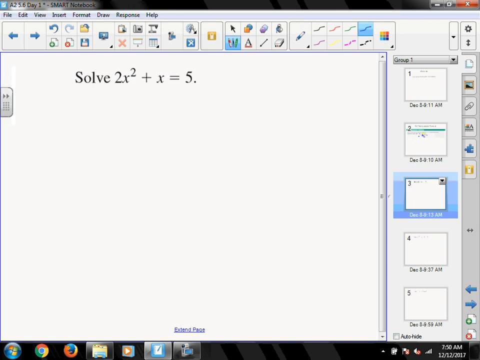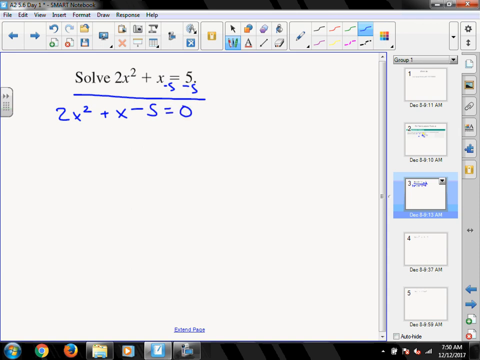We have 2x squared plus x is equal to 5. Like I just said, you need this equal to 0 to work. So we're going to subtract 5 from both sides to get the equation 2x squared plus x minus 5 is equal to 0.